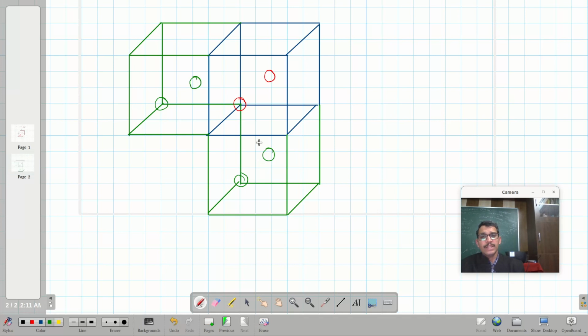So if I join the nearest neighbors, if I join this atom with this, and this atom with this, and this atom with this, these are the nearest neighbors which are joined.